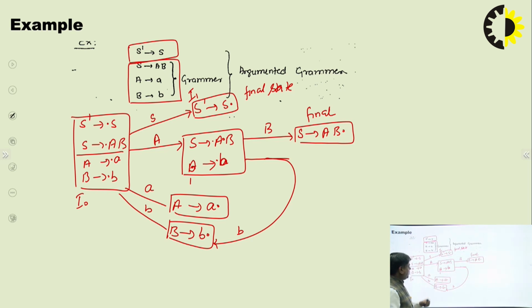And this is also a final state. Now this is the finite automata of the given LR0 parsing algorithm. With the help of this finite automata, we draw the action and goto table. Now here we draw the action and goto table.